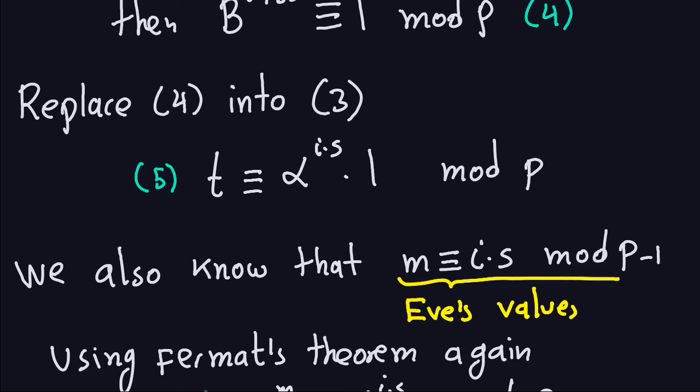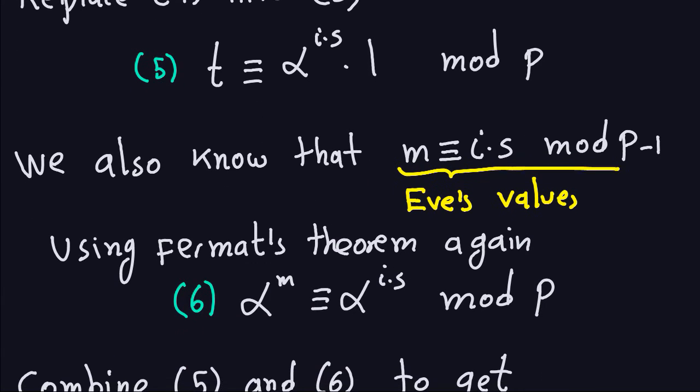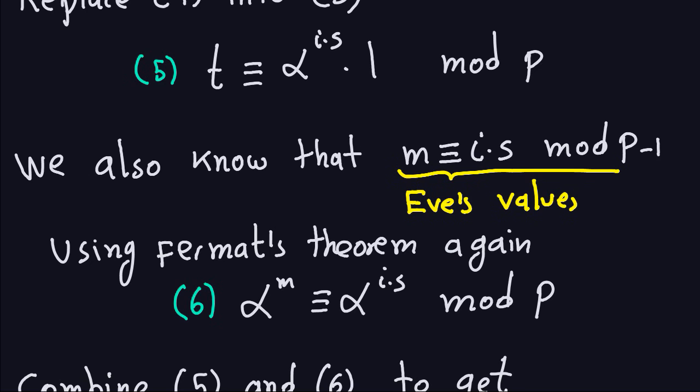If you have two elements that are congruent to each other modulo p minus 1, then if you take alpha, or any number that doesn't have any common factors with p, alpha to this element is going to be congruent to alpha to that element modulo p.